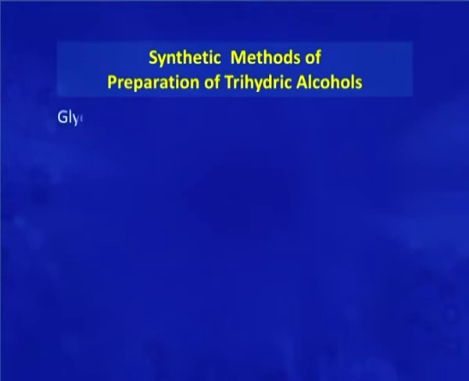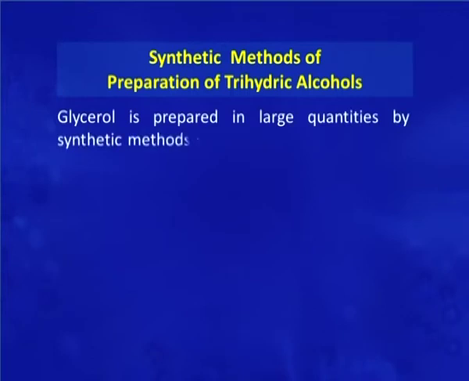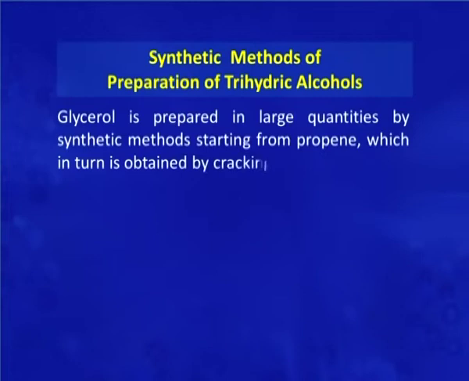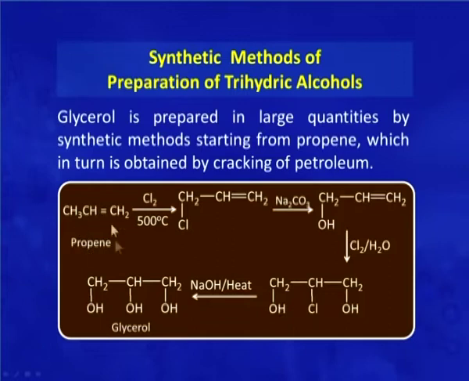We will now discuss some synthetic methods for the preparation of the trihydric alcohol, glycerol. Glycerol is prepared from propene or a 3-carbon aldehyde or alcohol, which in turn are prepared by the cracking of petroleum. In this particular case, propene is first treated with chlorine to produce allyl chloride, which upon reaction with sodium carbonate followed by chlorine water and sodium hydroxide produces glycerol.